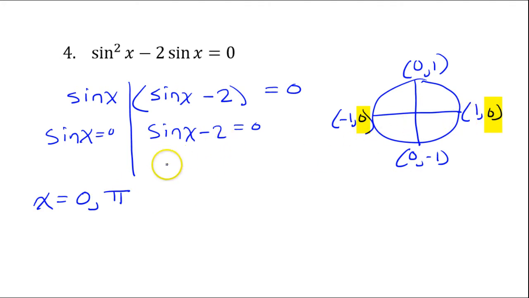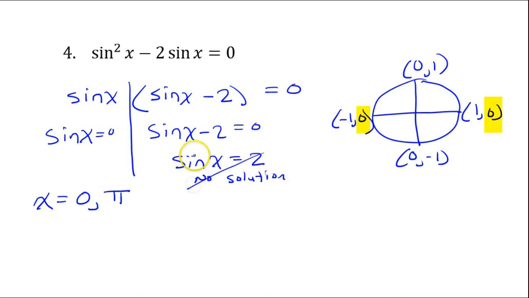Now, what about this equation on the right? Adding 2 to both sides, I will have sine x is equal to 2. So the sine of what angle is equal to 2? Well, this has no solution.